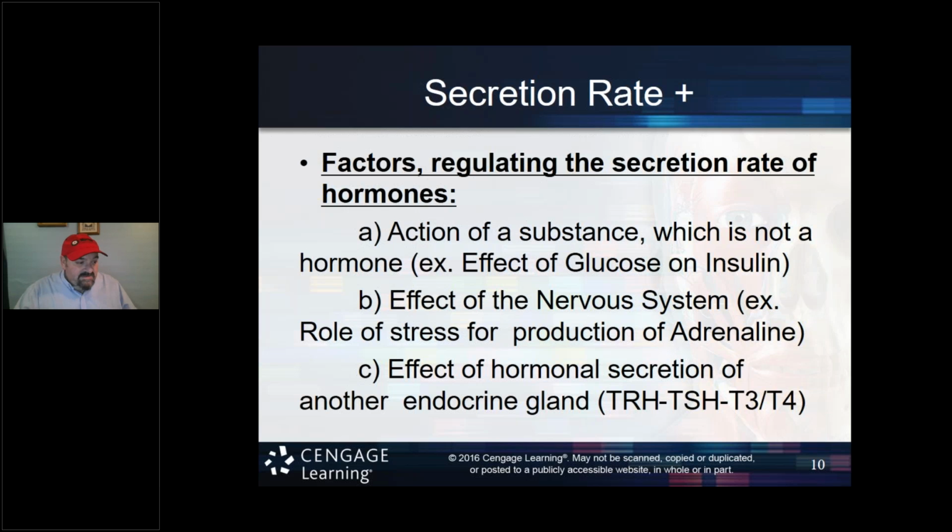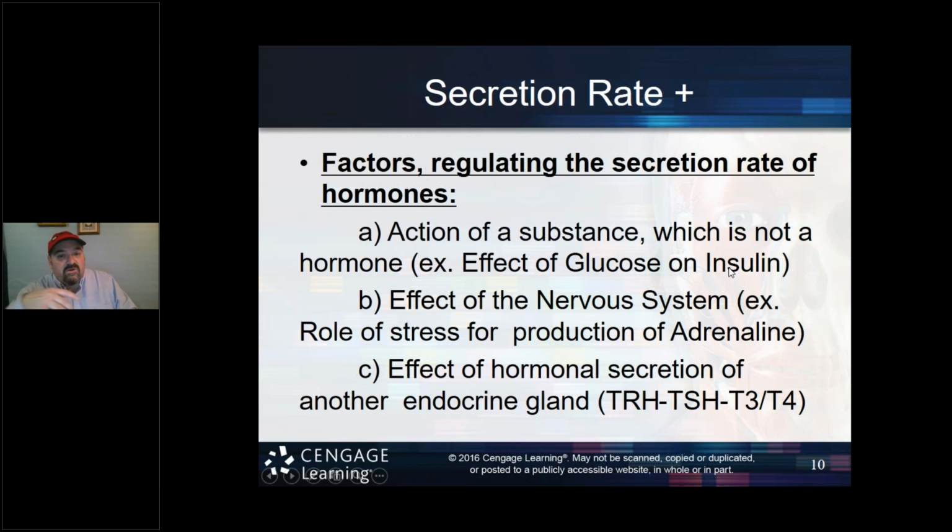Now, as far as secretion rate is concerned, how quickly and at what volume the hormones are being produced and released, okay? So one, factors that are involved here. The action of a substance which is not a hormone. So say the effect of glucose on insulin.